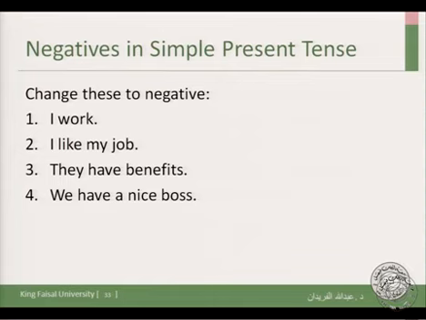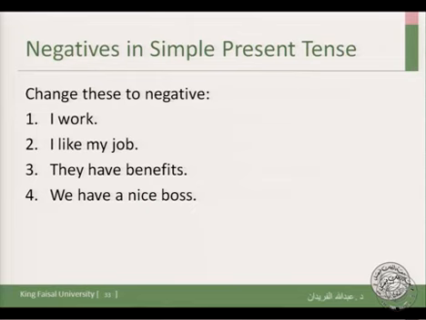I like my job. I do not like my job. They have benefits. They don't have benefits. We have a nice boss, we don't have a nice boss. So in all the sentences, we added do not. I don't work, I don't like, they don't have, we don't have.